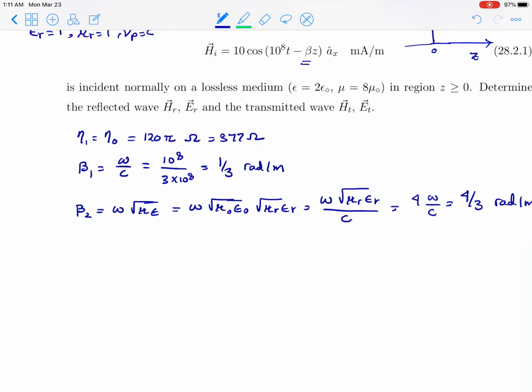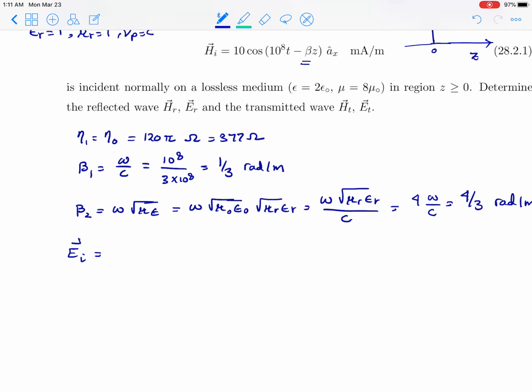Now, to find the incident field in medium 1, we multiply the magnitude of the magnetic field by the intrinsic impedance.